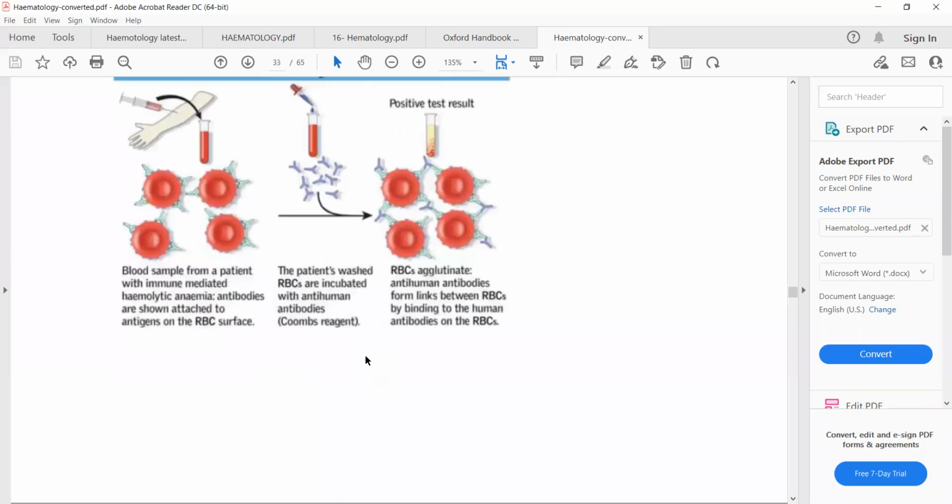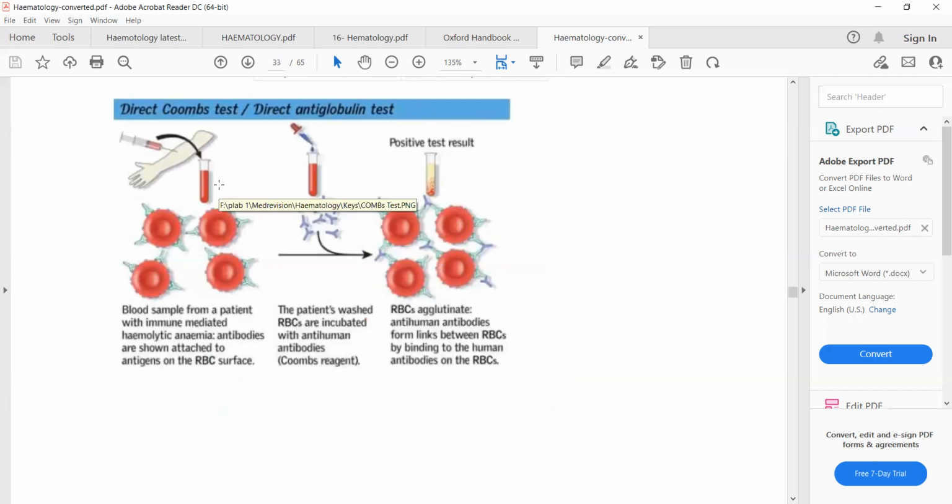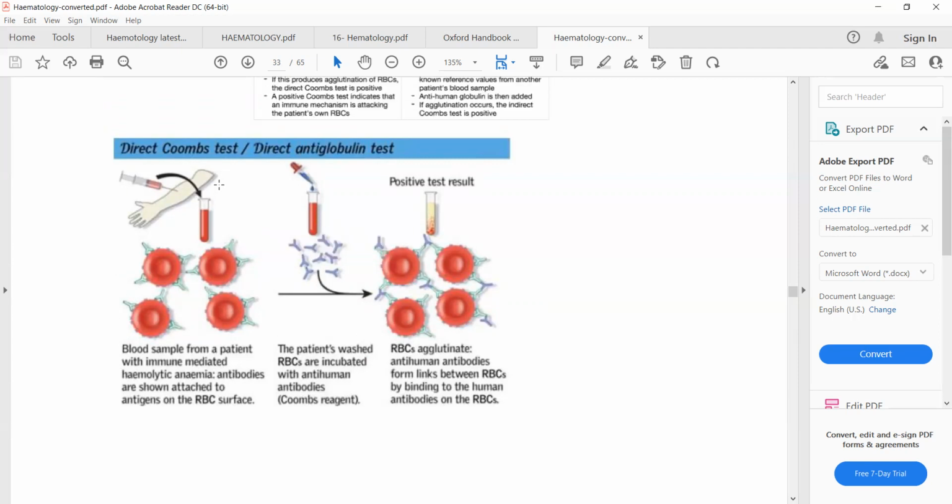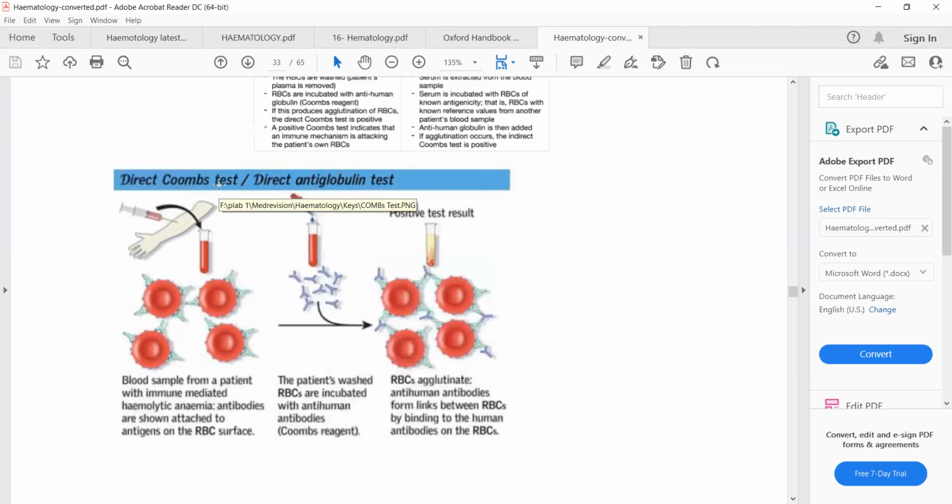While the direct Coombs test is done directly on the patient's RBCs, a positive direct Coombs test means there are antibodies present on the surface of RBCs, which occurs in autoimmune hemolytic diseases, ABO blood group mismatch or Rh mismatch.